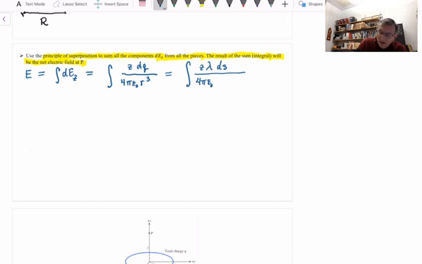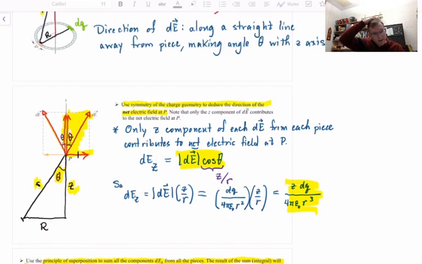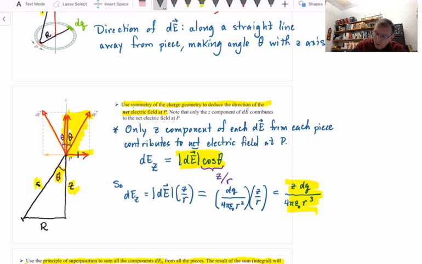Now for the little r, look at this picture down here. Little r is that hypotenuse in that distance triangle down there. I better write it in terms of z and big R, because those are given to me as stated symbols. Well, Pythagoras just tells me, as you know, that little r is the square root, in this case, of big R squared plus z squared. Let's put that in.